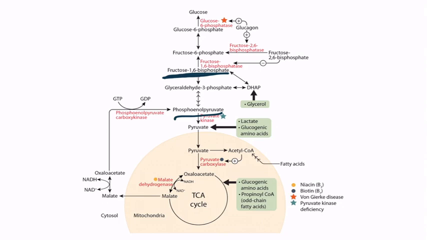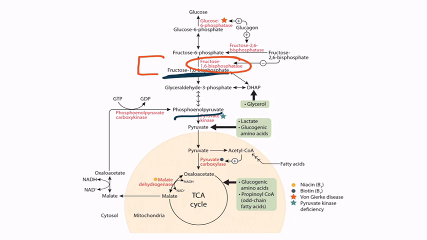From glycolysis, you should recall that the conversion of fructose 6-phosphate to fructose 1,6-bisphosphate is irreversible, so gluconeogenesis must bypass this step. It does this by converting fructose 1,6-bisphosphate into fructose 6-phosphate through the enzyme fructose 1,6-bisphosphatase. We discussed the regulation of this step in great detail in the section on glycolysis.